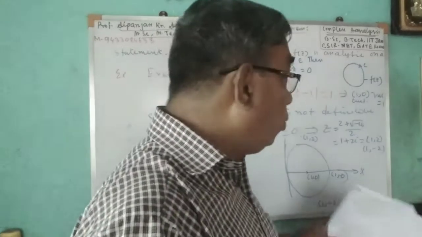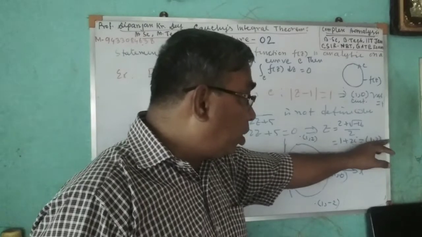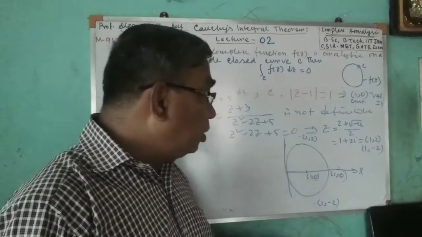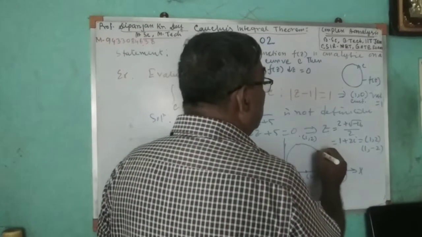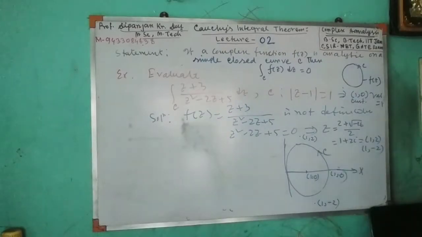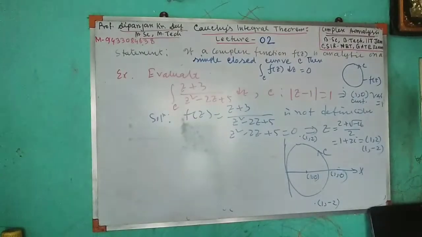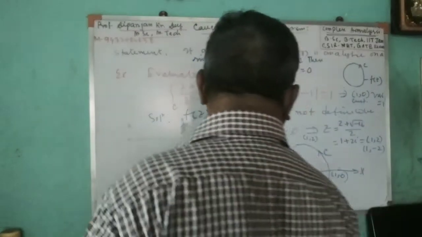Both the singular points, that is (1, 2) and (1, −2), lie outside the circle. This is the closed curve. This is the y axis, the imaginary axis.